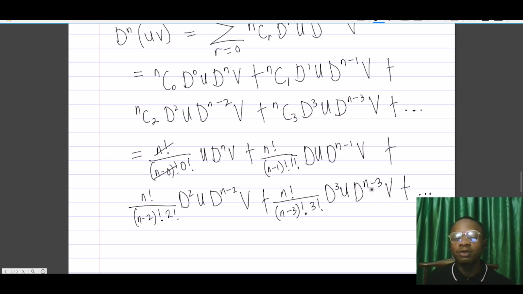Again, we are stopping here because we know the others will vanish to 0, so we don't want to bother ourselves about the rest.